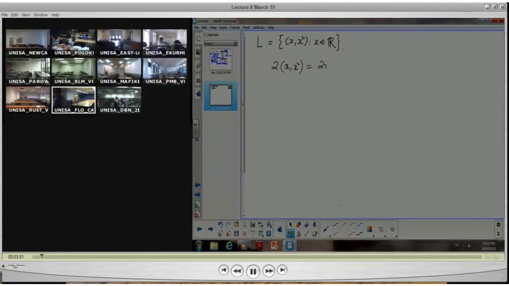This is (2x, 2x squared). And this doesn't belong to L, because this second coordinate is not 2x squared unless x is 0. So this set is not closed under scalar multiples.